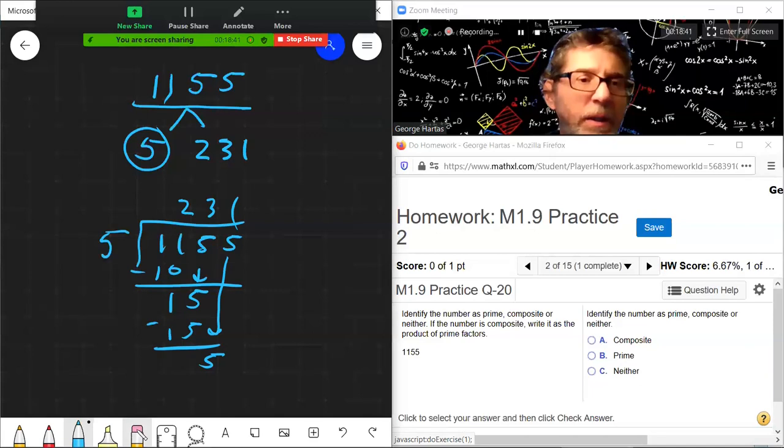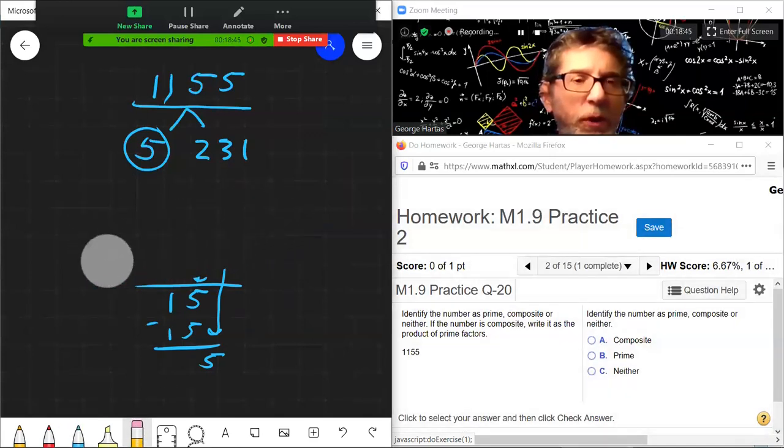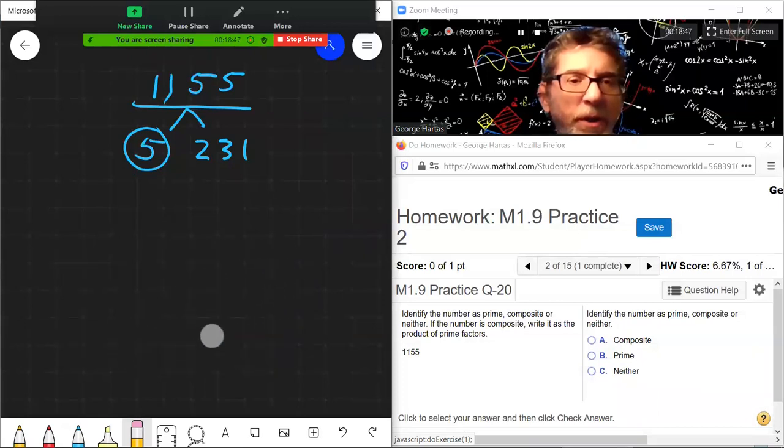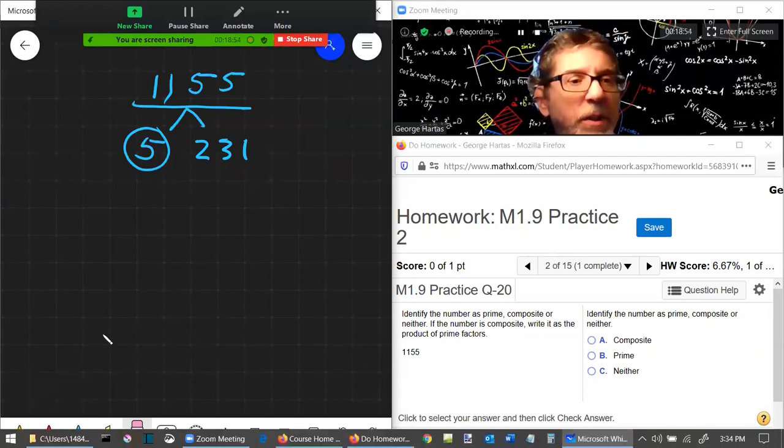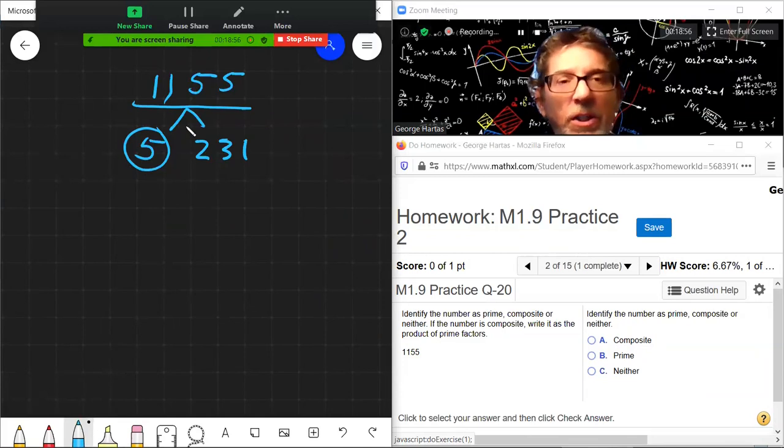All right. So as you can see, we went from 1155 down to 231. So significant drop off. We dropped off by a factor of 5. Okay. Now the question is, is this a composite number or a prime number?